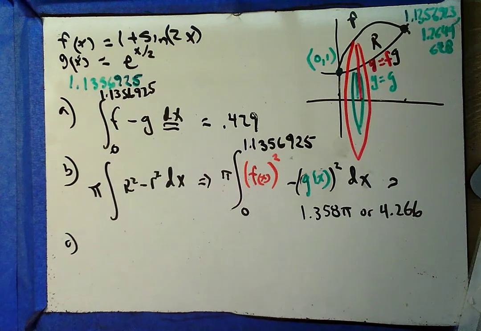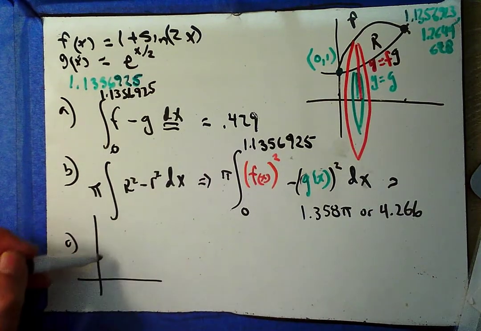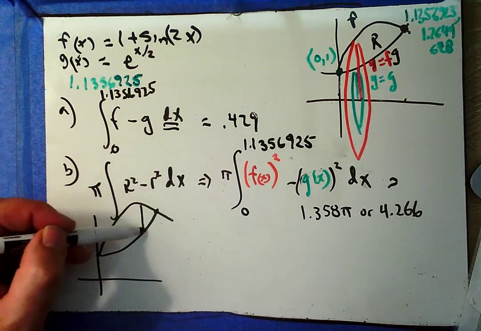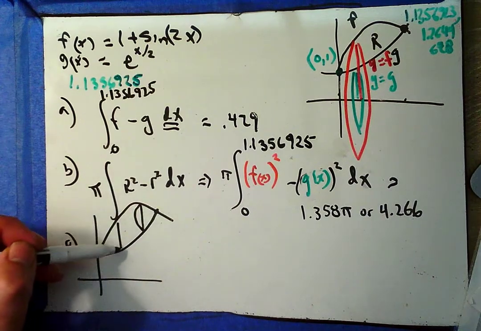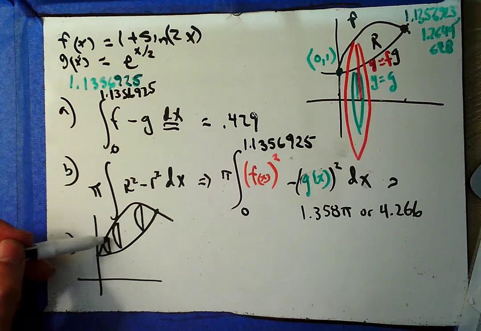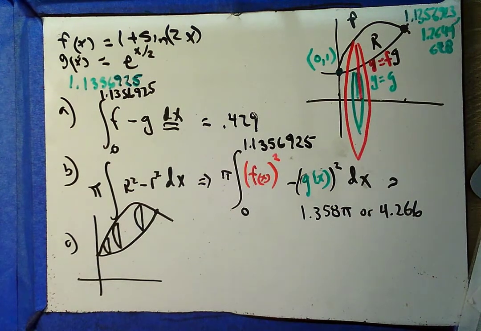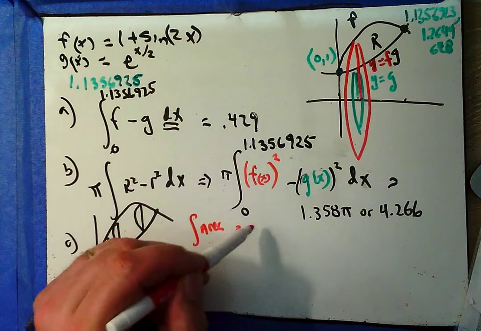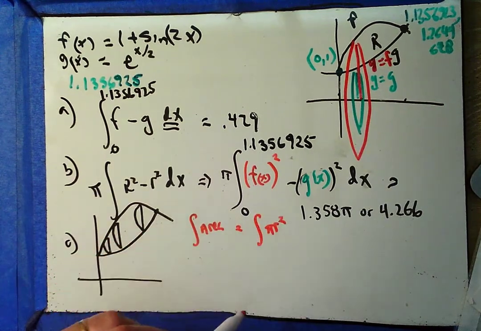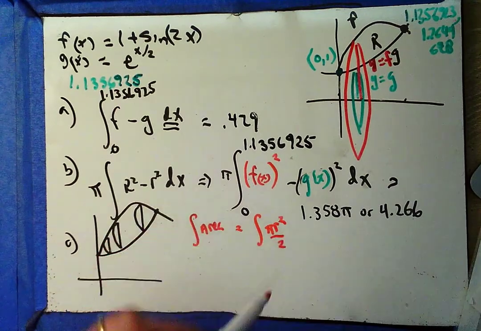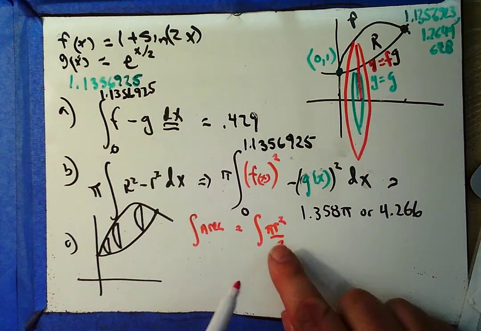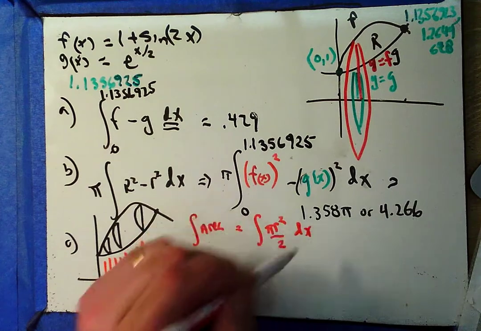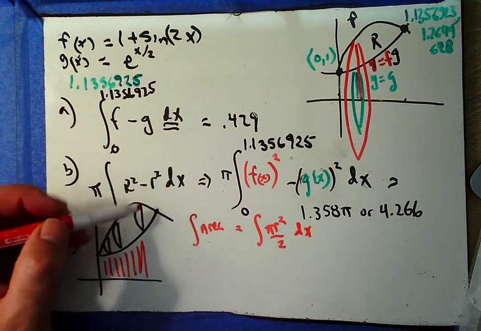So if I think about what's happening here, I've got this situation, and now I've got a semicircle, and I've got this and a semicircle, and this and a semicircle. Okay, we know we're integrating area, and so we know that's pi r squared, but wait a second, we don't want whole circles, we want half of a circle. Since this is a dx, these are going to be x slices, so we need to determine what the radius would be in terms of x.